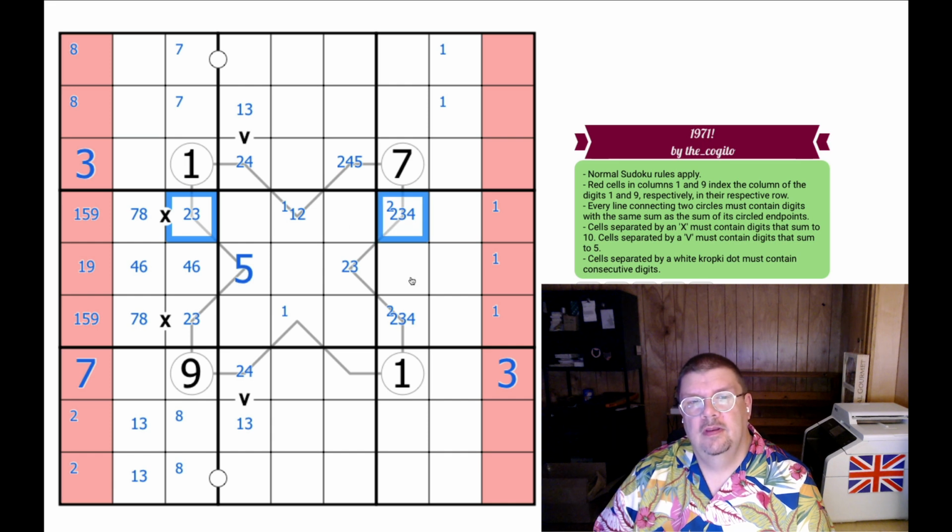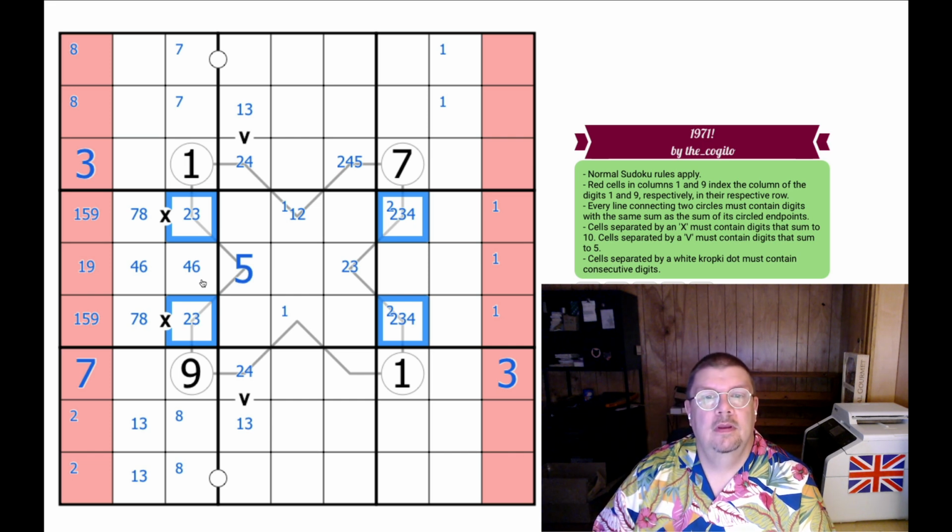Okay. These 4 digits are interesting because there must be a 2 in those respective columns.